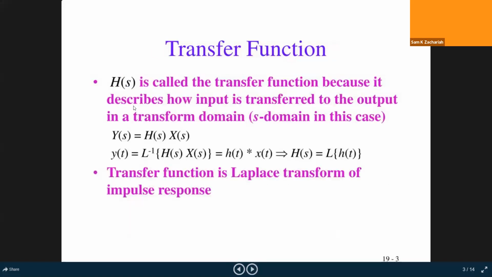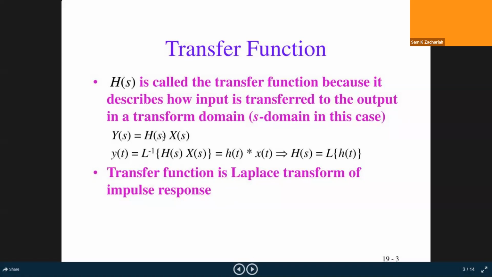So how do we define the transfer function? HS is called the transfer function because it describes how input is transferred to the output in a transform domain. The most important speciality of going to the S domain is that, assuming zero state condition, the Laplace transform of output and Laplace transform of input are related through a particular transfer function, HS.